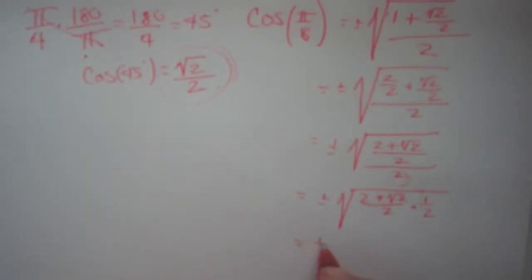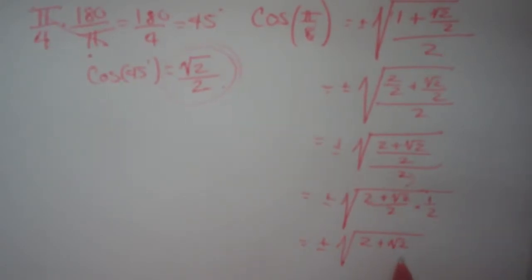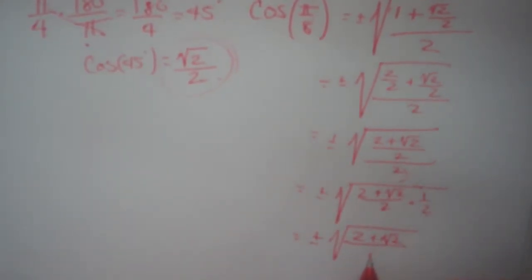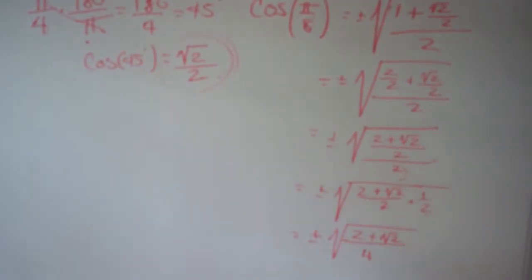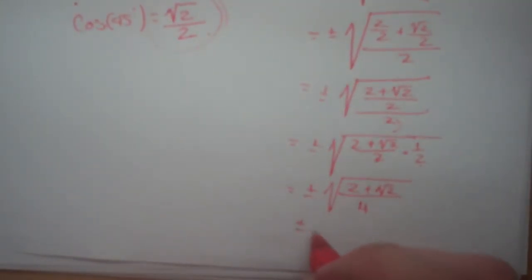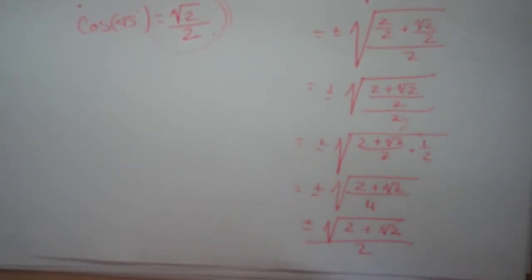So this is equal to plus or minus the square root of 2 plus radical 2 times 1 right there, over 2 times 2 is 4. And so we end up with plus or minus the square root of 2 plus radical 2, and then this radical 4 becomes a 2 down here on the bottom.